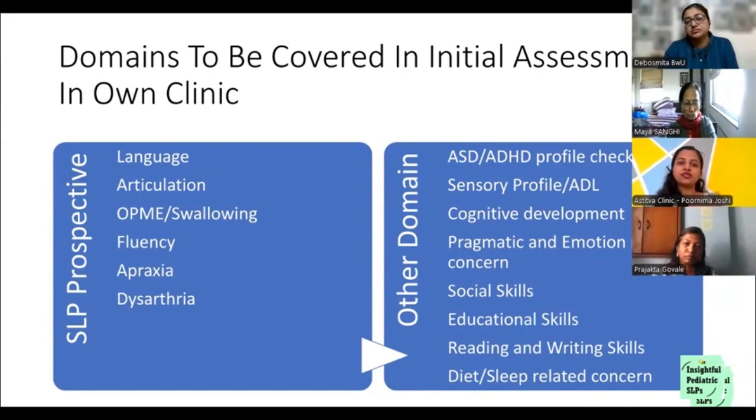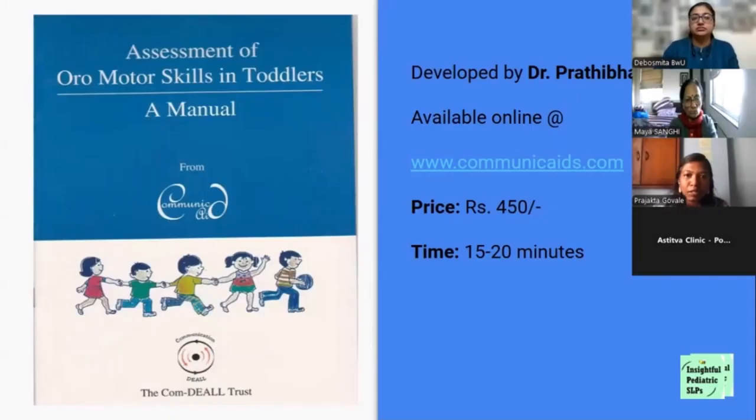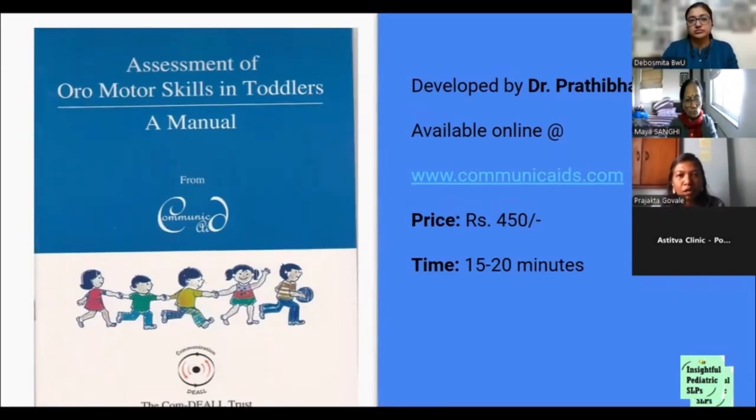So when you are doing the baseline evaluation, keep in mind that you are going to tap all the other areas, rather than occupational therapists doing it without the training, which we have done for so many years during the training also. That was a major area that we used to cover during the assessment and in therapy.